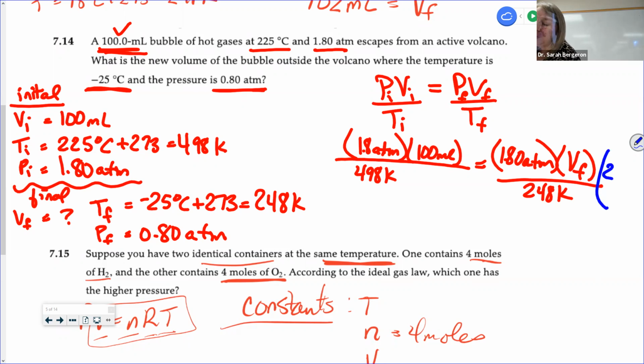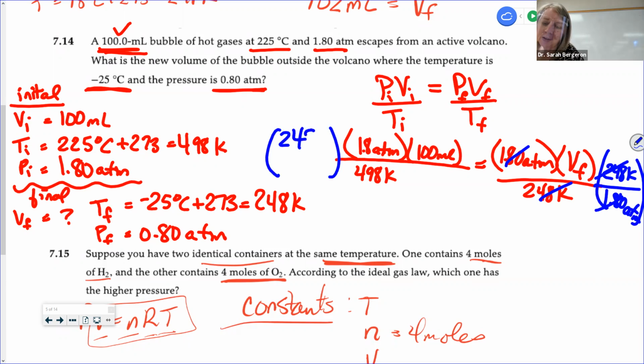I'm going to put 248 Kelvin on top, 1.80 ATM on bottom, and what you do to one side, you do to the other side. So this is 248 over 1.80 ATM. My Kelvins cancel, my ATMs cancel, I'm left in milliliters.